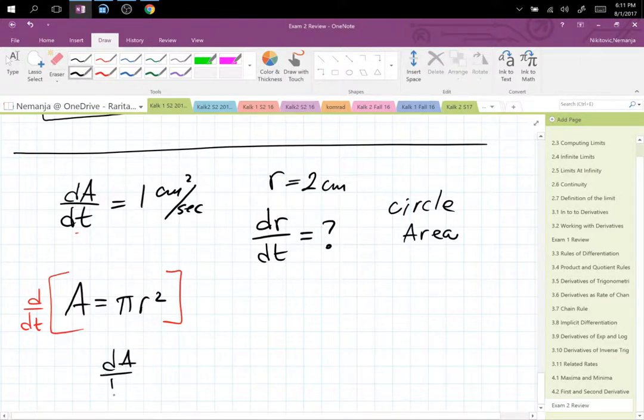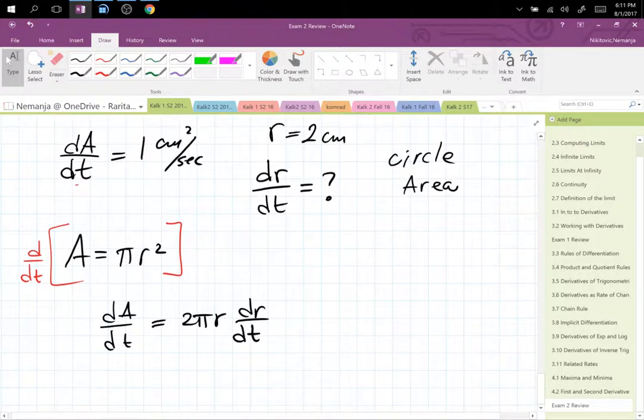So dA/dt is equal to 2 pi r dr/dt. And the dr/dt comes because we're dealing with different variables. I'm taking the derivative of r in respect to time, so it's followed by the chain rule because we have a dimension mismatch.